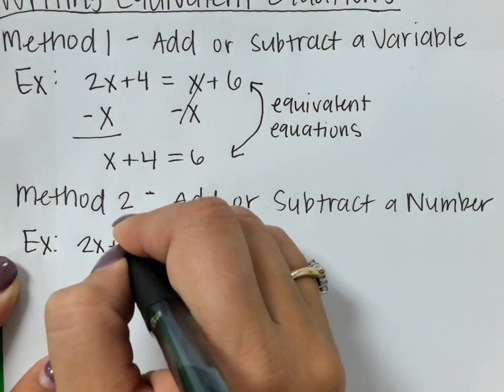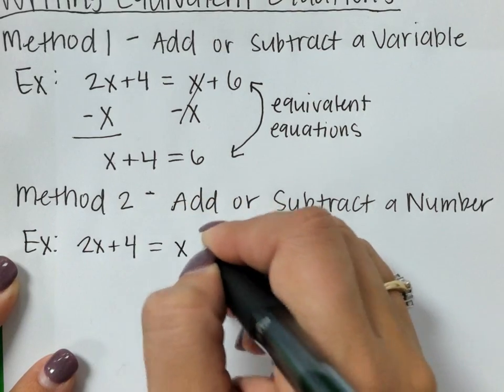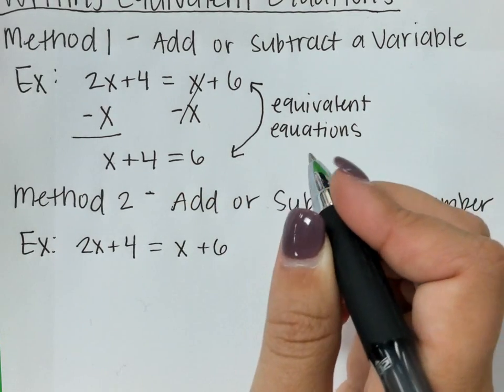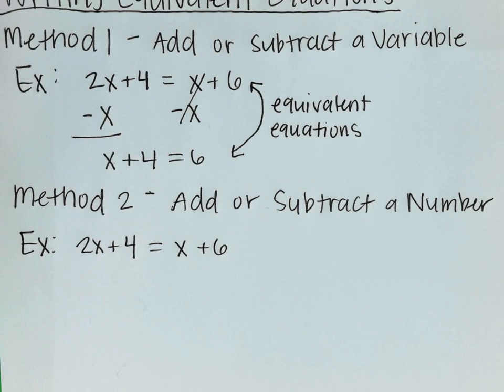So 2x plus 4 equals x plus 6. Alright, so if it's telling me that I can add or subtract a number, I'm going to do exactly that. But which number do I want to add or subtract? Olivia.